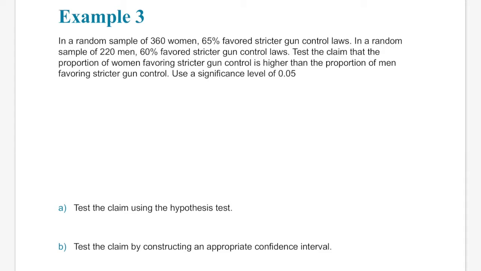I have 2 samples. One is women with n is 360 and p hat is 65%. The second sample is men with n is 220 and p hat is 60%.